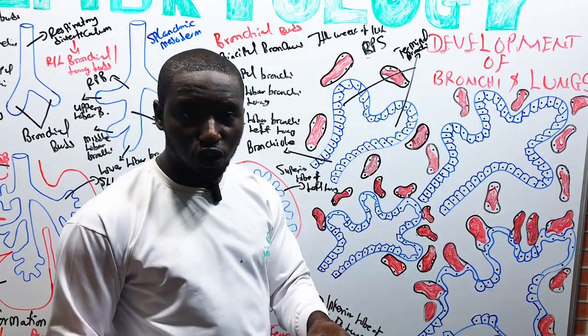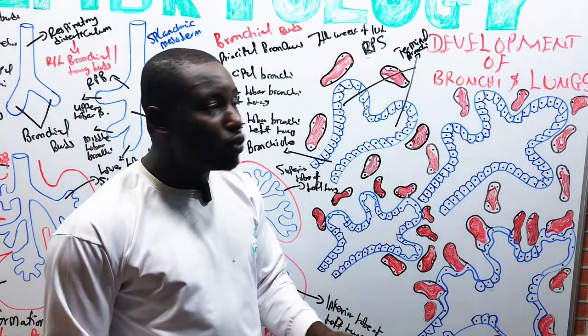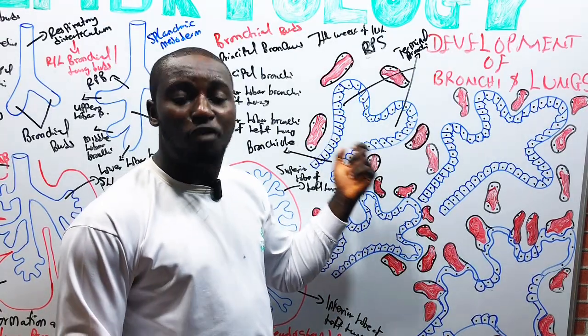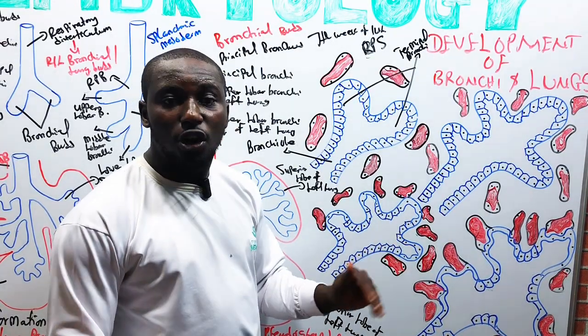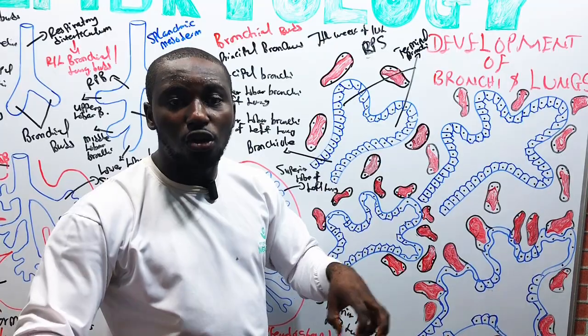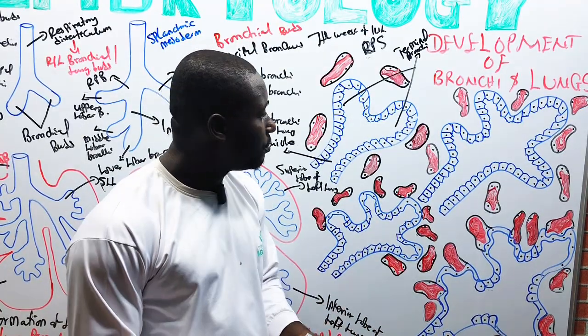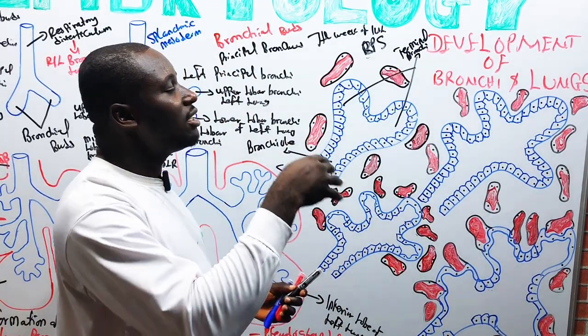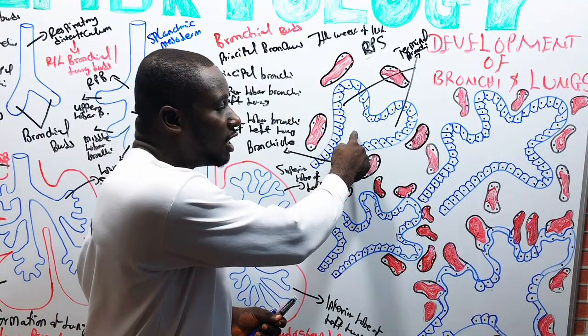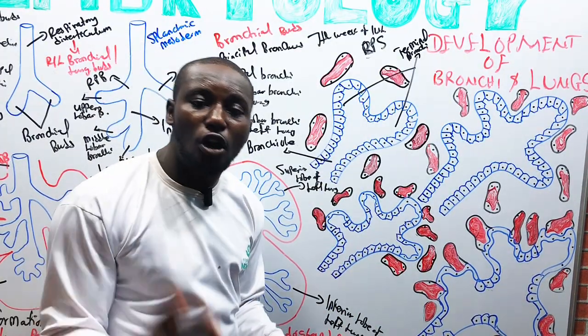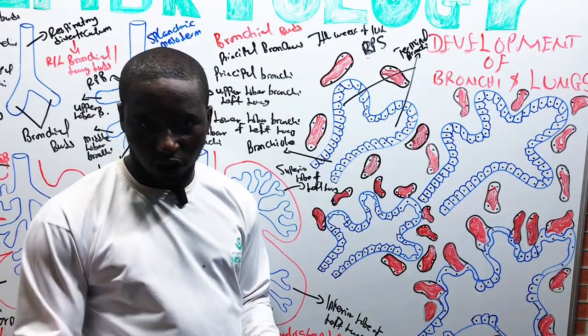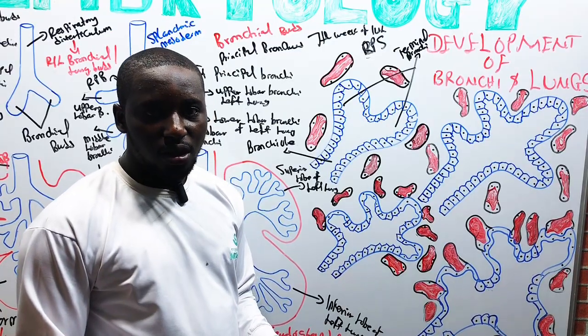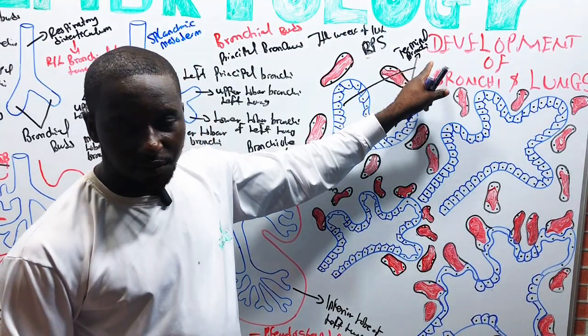So any fetus that is born in this stage of lung formation will not survive because the respiratory zone has not been fully formed, right? So the main structures that form in this stage are those that form the conducting zone of the lungs, which end in the terminal bronchi.